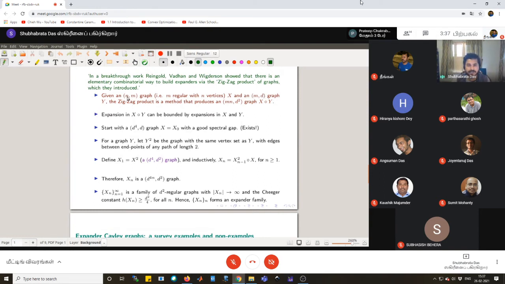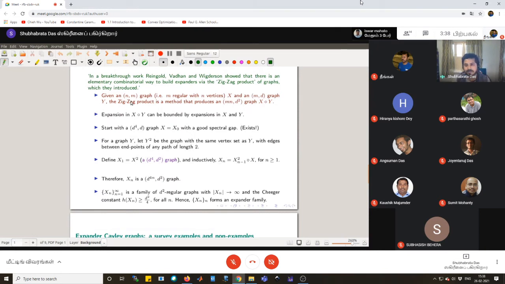Here I have d to the 4, d to the 4, and here I have d to the 4, d. When I compose them, I get d to the 4 and 4, 8, and a d squared here.